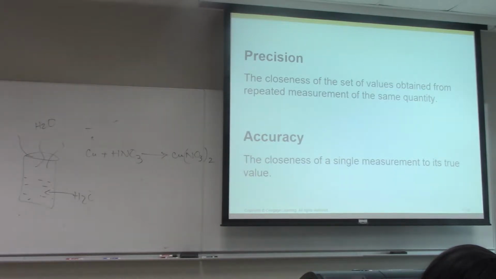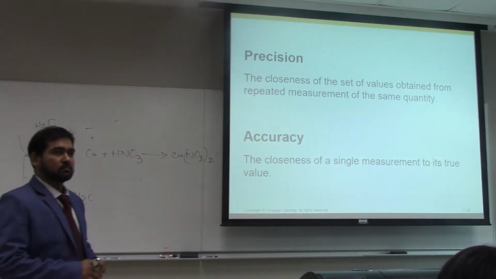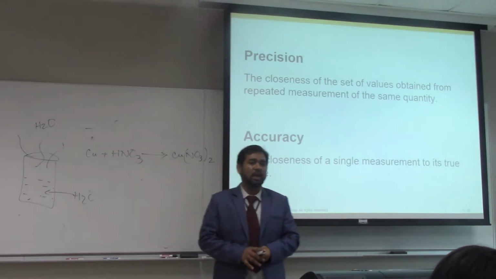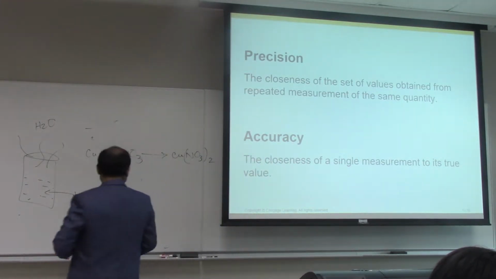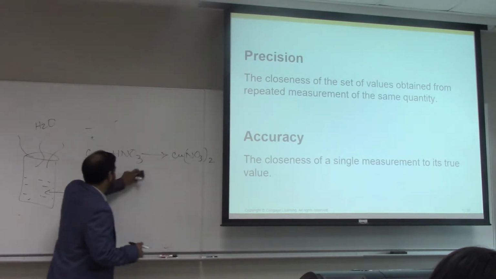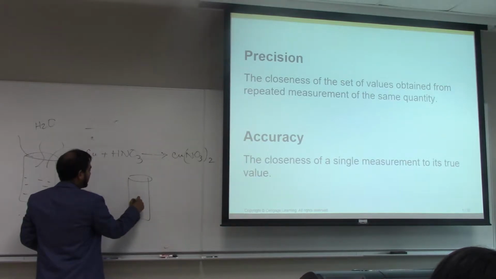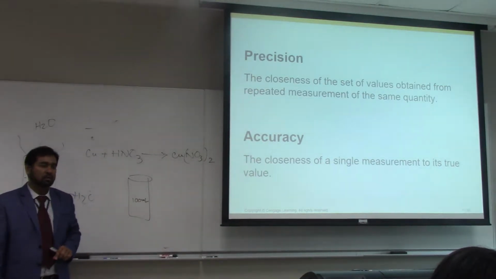So first of all, let's go with accuracy. What does accuracy mean? The closeness to the actual value, the true value, right? For instance, I have a beaker with 100 milliliters of water in here.